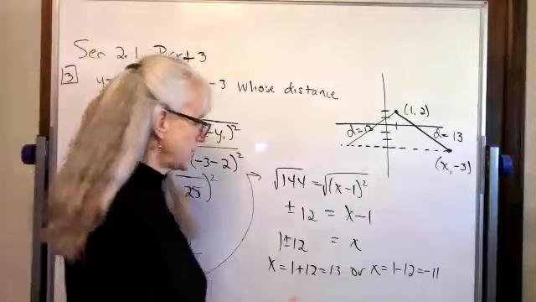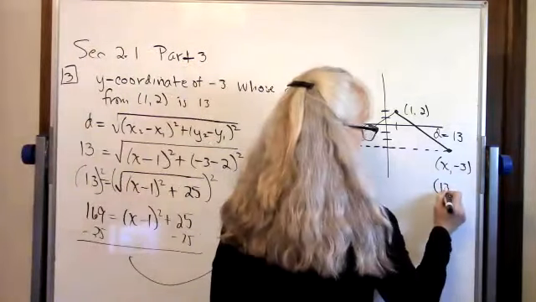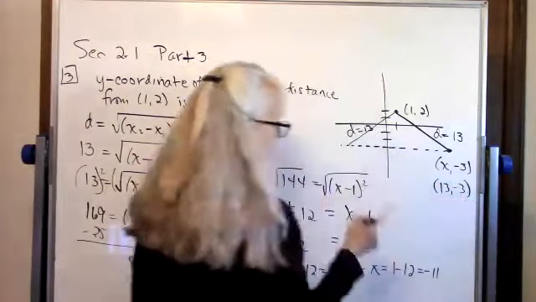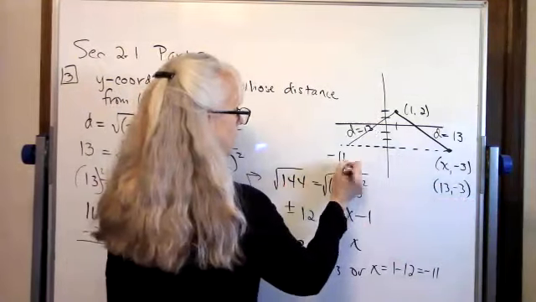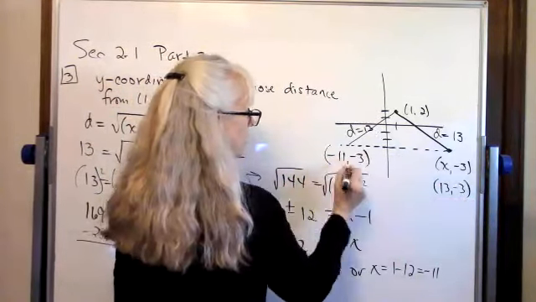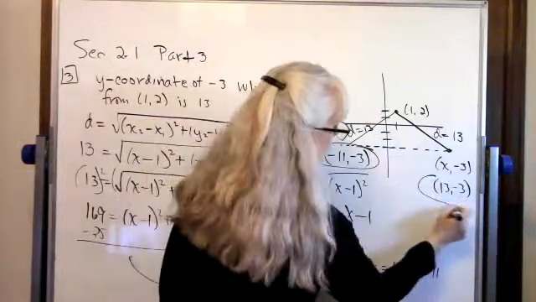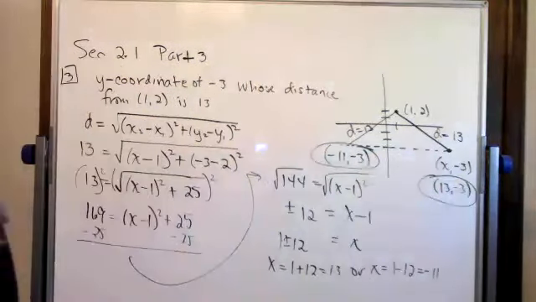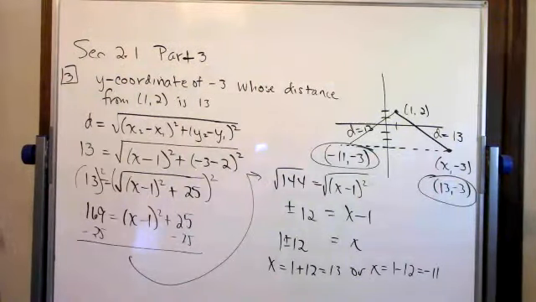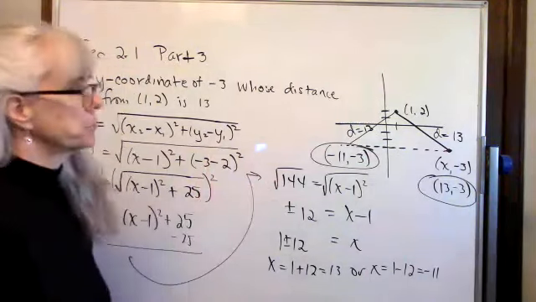One point is sitting over here at (13, -3). The other point is sitting over here at (-11, -3). So we have two answers, and those are the coordinates of the point. So they're asking us to find all points having a y-coordinate of -3, whose distance from the point (1, 2) is 13. So two answers.